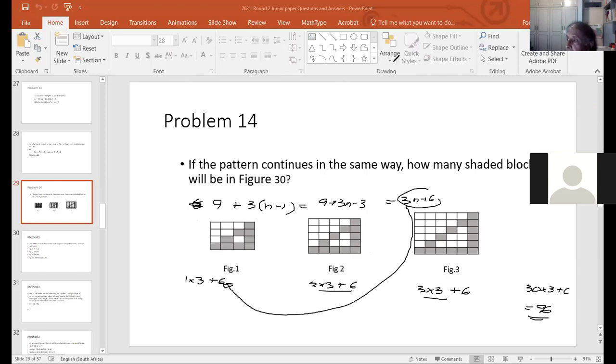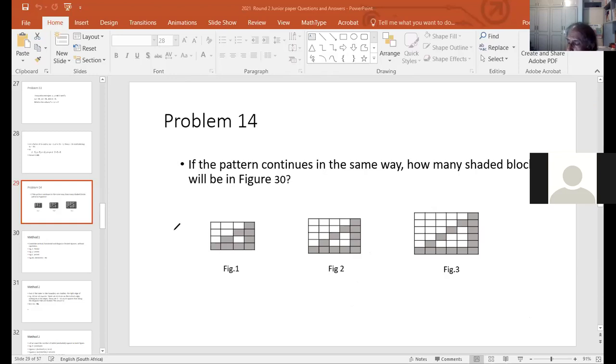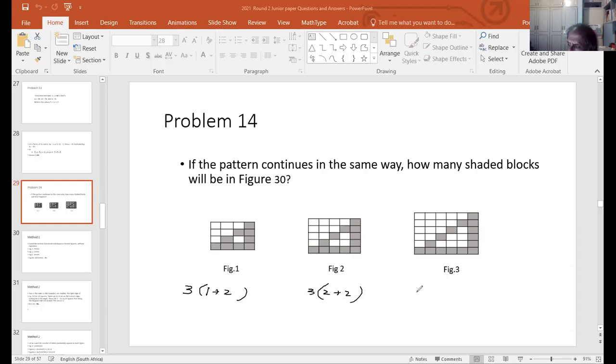Anybody else? So if you say the figure plus 2 times by 3. Oh, I see. So you are saying 1 plus 2 times 3. And here you are saying 2 plus 2 times 3.